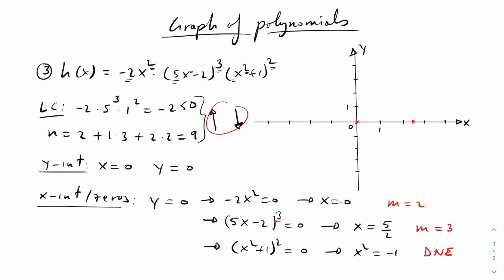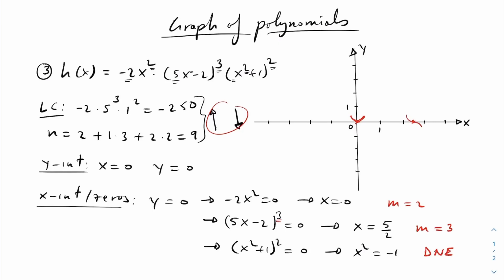I'm going to keep in mind that on the left here, I'm coming from positive infinity. And so when I get to 0, my graph should behave like a parabola because 0 has a multiplicity of 2. And then when I get to 5/2, my function should behave like a cubic function, like an x cubed function.